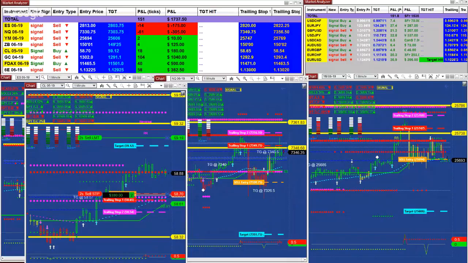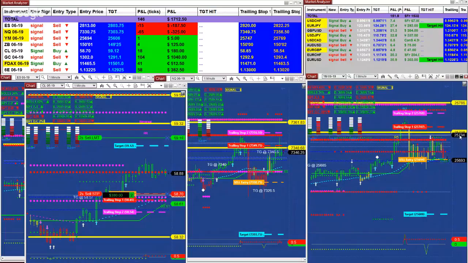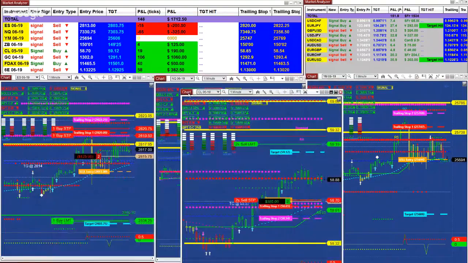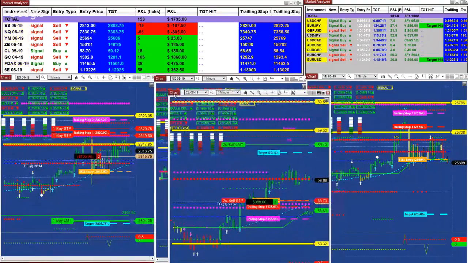Do not take a short trade on the YM. Take it off. Do not take a short trade on the YM at the moment. And do not take any trades on the ES. It's extremely tight. Hold on, please.